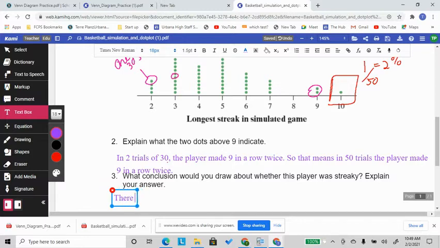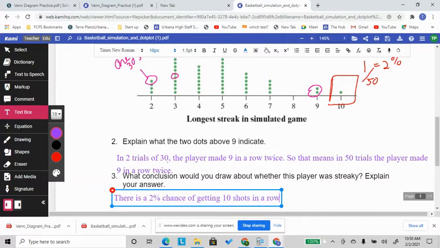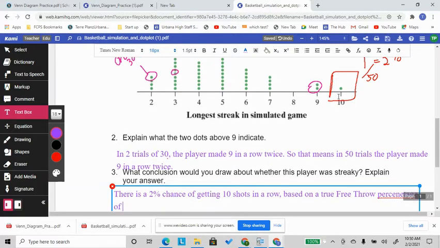There is a 2% chance of getting 10 shots in a row, based on a true free throw percentage of 50%, right?